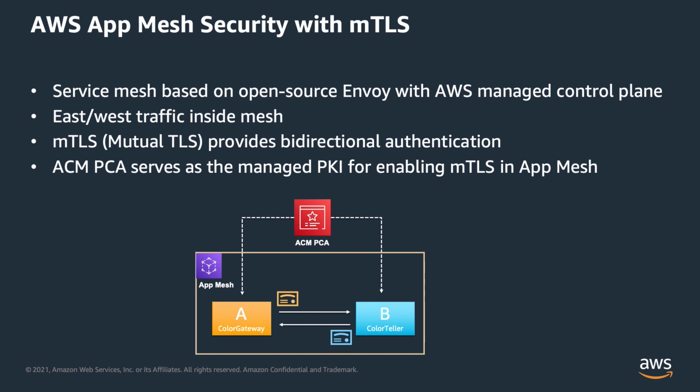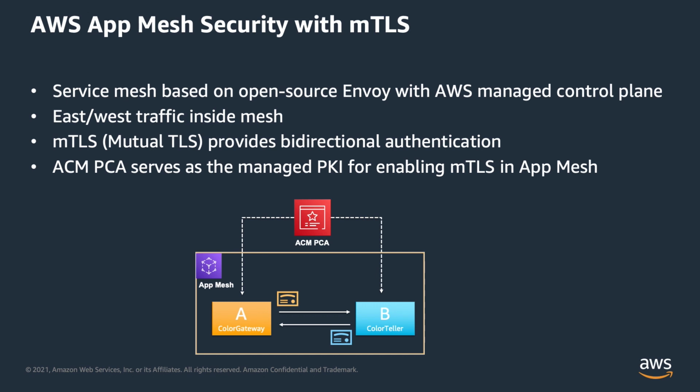Customers who are familiar with App Mesh and the AWS GitHub projects on App Mesh will know that the App Mesh examples have consistently used this color gateway and color teller pattern to walk customers through various kinds of examples. So I'm going to stick with the same pattern and use the same example to demonstrate this solution.